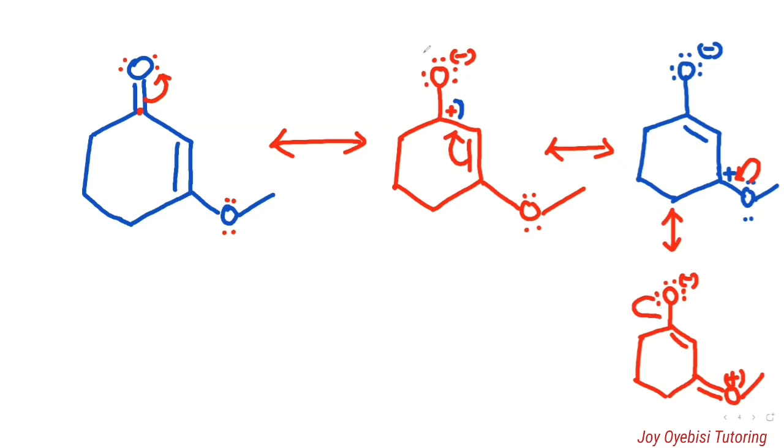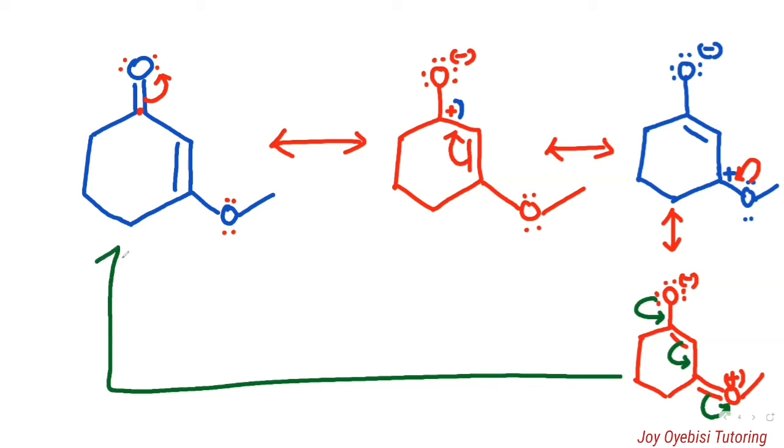Okay, let me use another color so you can see it properly. This is one step. This is two steps. This is the last step. Now this last step is going to take me back to where I started from, okay? So that shows me that this is the end of my resonance structures. That is all the possible resonance structures this compound can have.